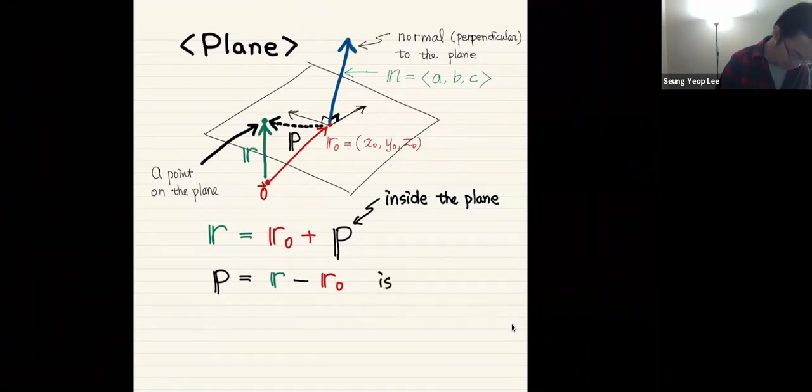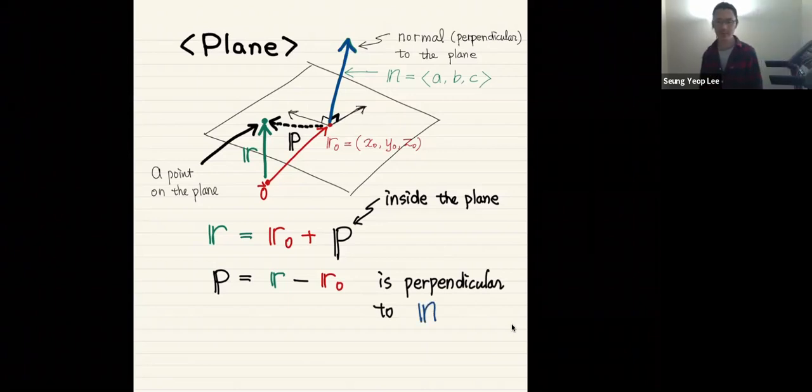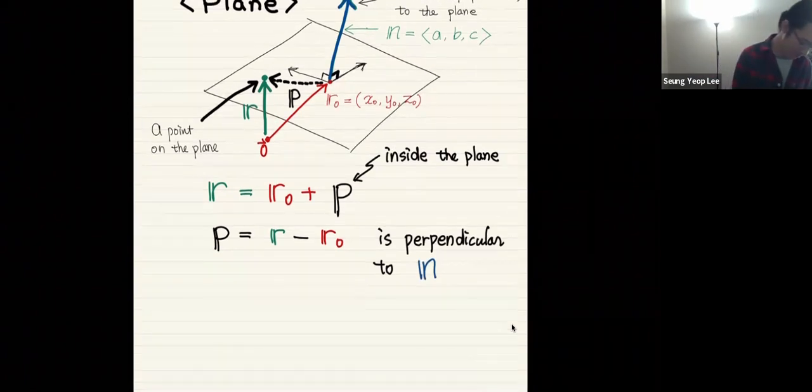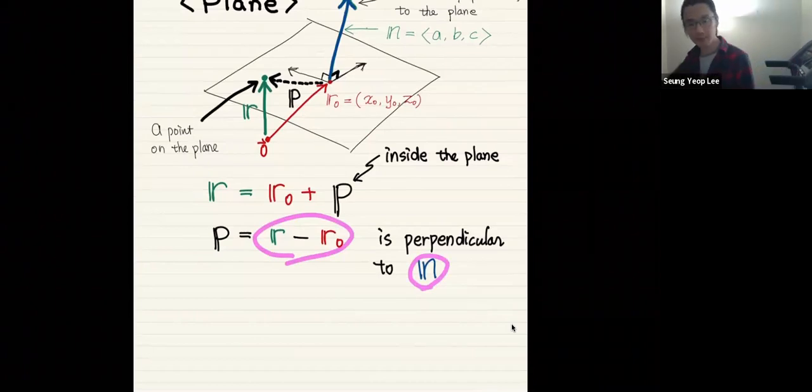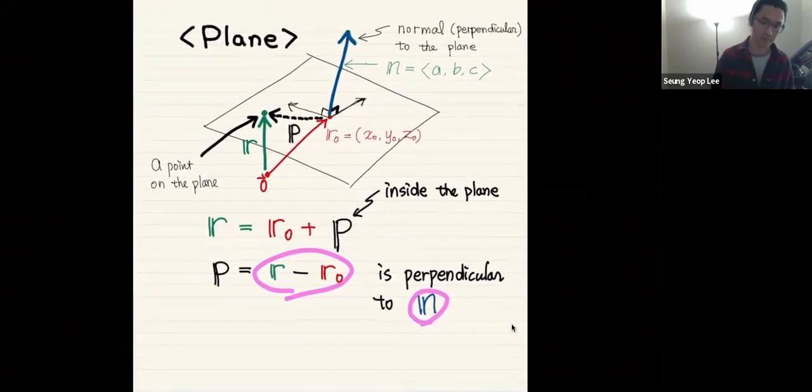This P is perpendicular to N. Got it? So let me repeat. This vector is perpendicular to N. Good. For any point on the plane, for any green R, R minus R naught is always perpendicular to this normal vector N.